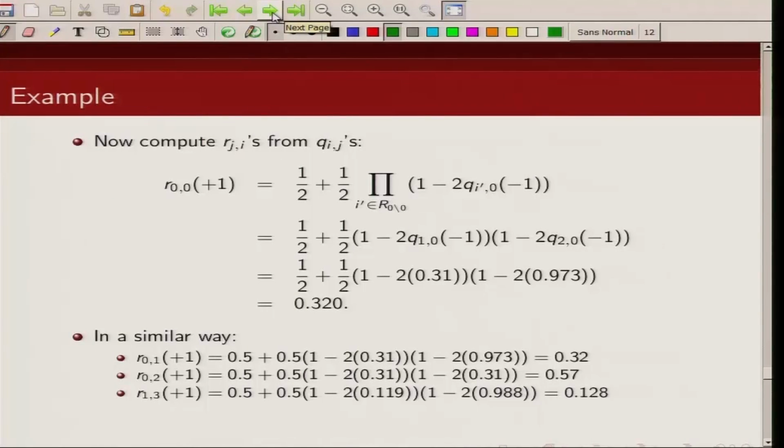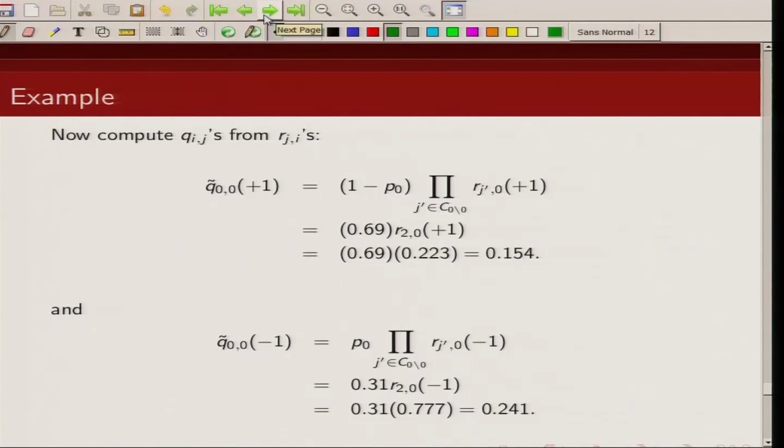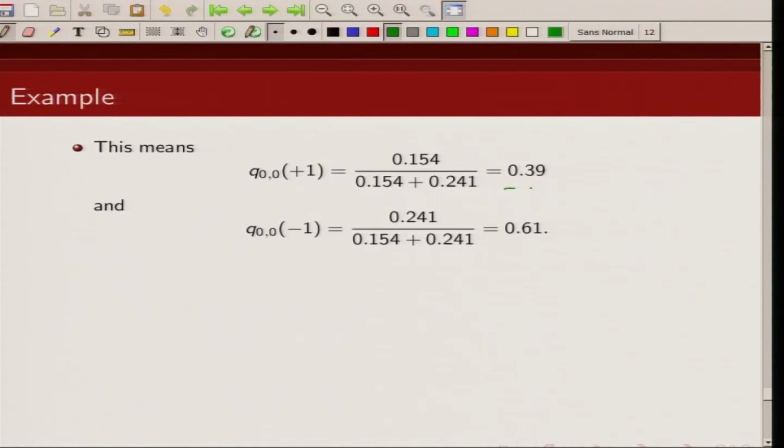So once we calculate these Qij's, Rij's and initial Qij's, then we are going to update our Qij's, and again we find the product over all those check equations other than that particular bit, and we repeat this for Qij being plus 1 and minus 1, and we can normalize these probabilities so that they sum up to 1. So if we normalize it, these are the probabilities that we are getting, right?